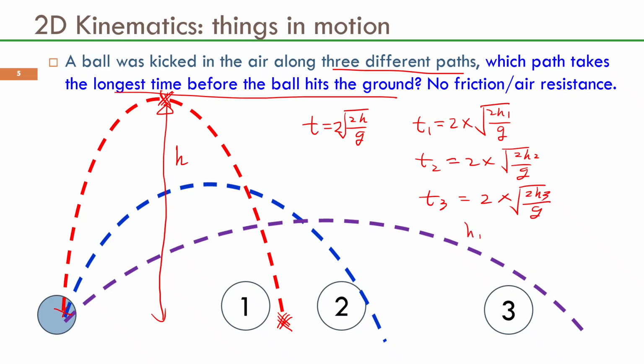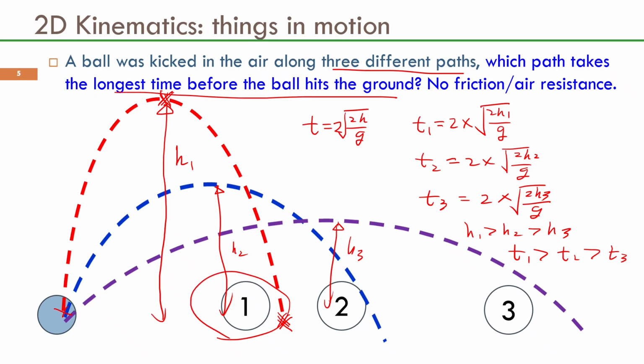And we know h1 is larger than h2, larger than h3, because clearly we can see from the graph. This is h1, this is h2, this is h3. Because t1 corresponds to a larger height, t1 corresponds to a longer time. In other words, t1 is larger than t2, larger than t3. So basically this ball stays in the air for the longest time.